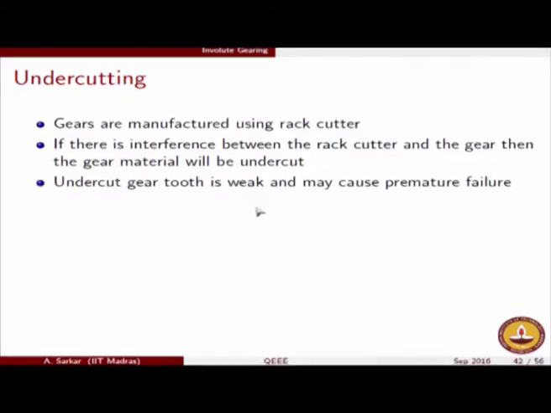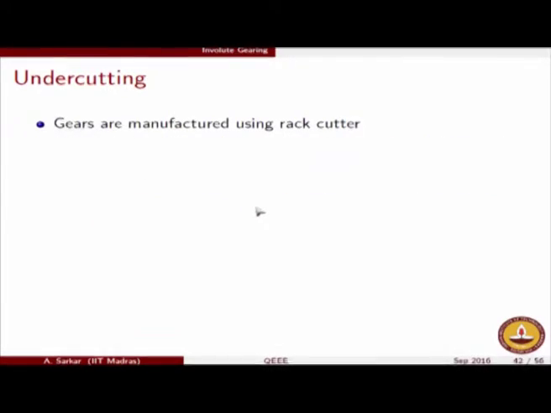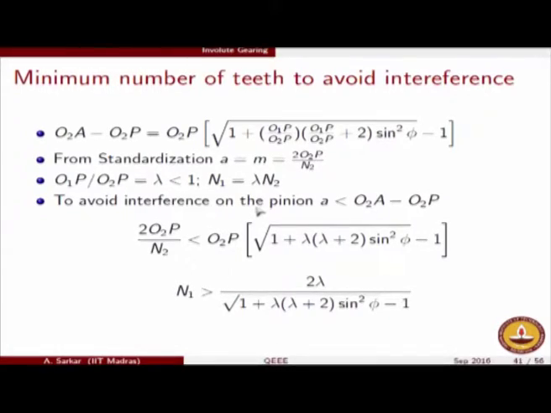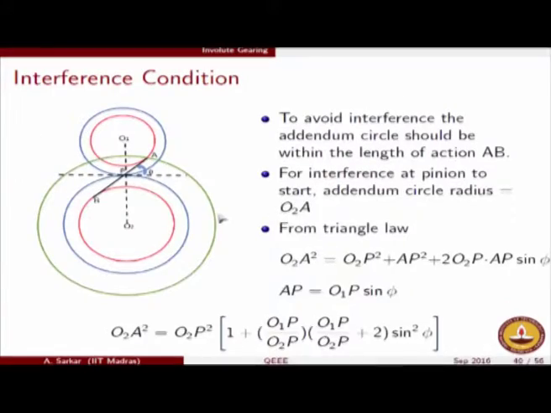Again, the condition for undercutting may quickly be derived. You will recall a rack cutter being a straight tooth profile. The rack profile of the gear can be assumed if we think that this wheel diameter is going to infinity. If the wheel goes to infinity, then that basically becomes a rack cutter.